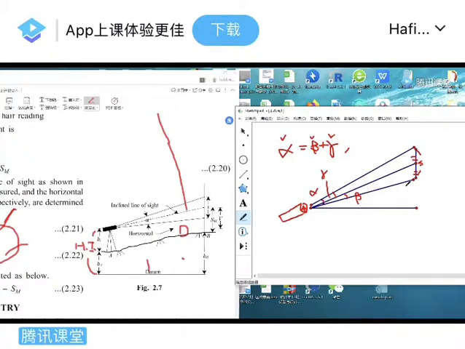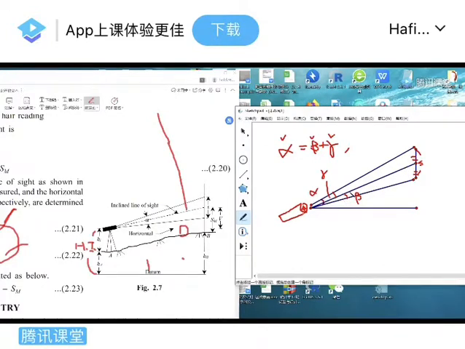Now let's take a look at the next one we are going to find out. Suppose you already get this one. Based on the sine law you can find this one, but you can't use the sine law straight away.